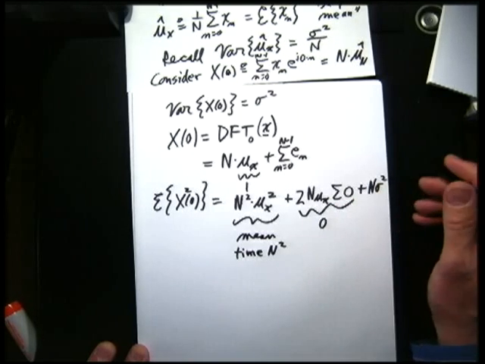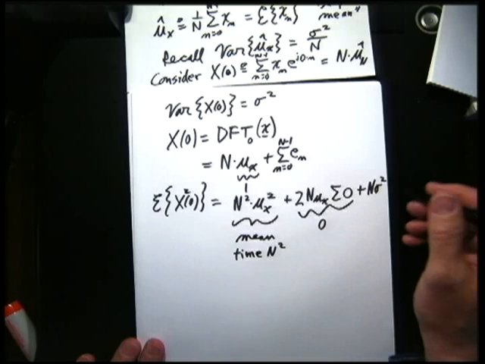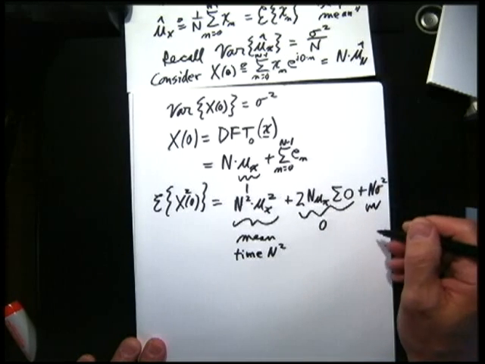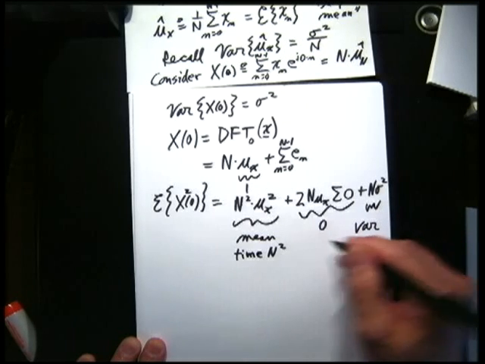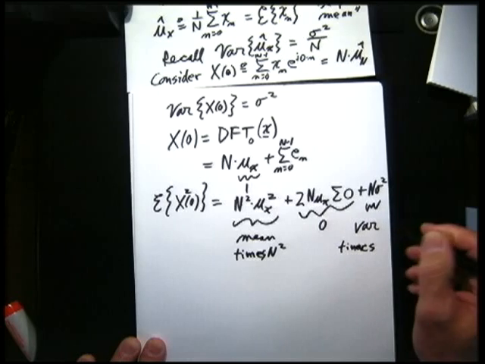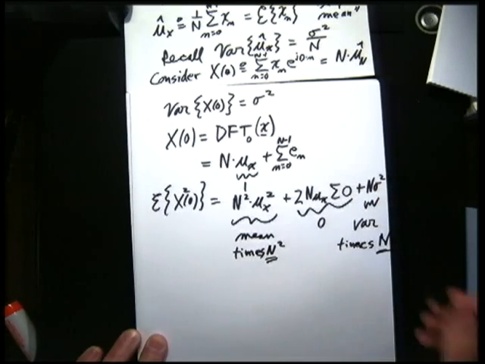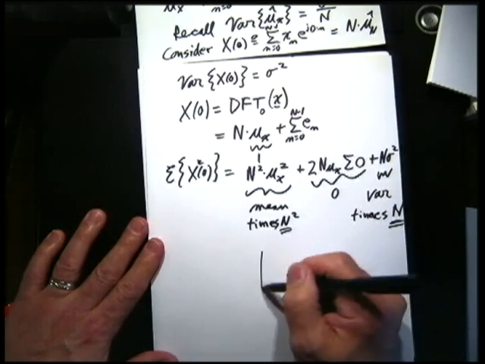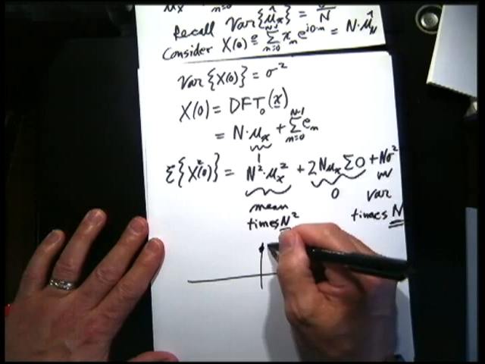The cross term is 0 because the noise is 0 mean, and the noise times any constant, such as n times the mean, is 0 mean. So that's just 0. And then here we have the variance times n. So you see that there is a benefit. If you take longer and longer DFTs, the mean becomes n, right?